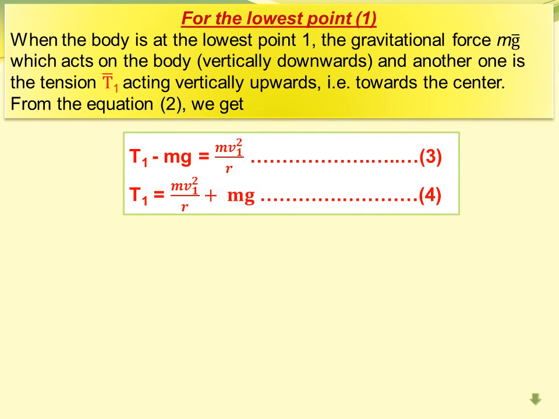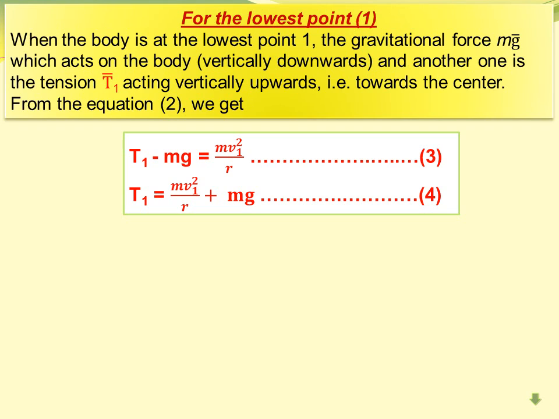Now, the lowest point in the circle. When the body is at the lowest point 1, the gravitational force mg, which acts on the body, is vertically downwards, and the tension T1 acts vertically upwards, that is towards the center.